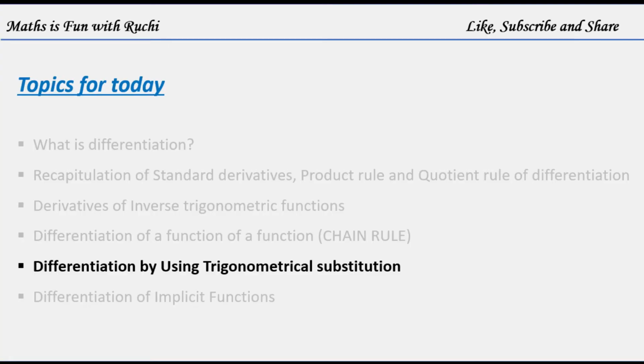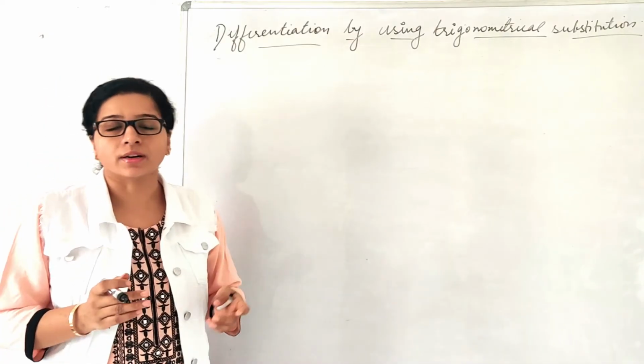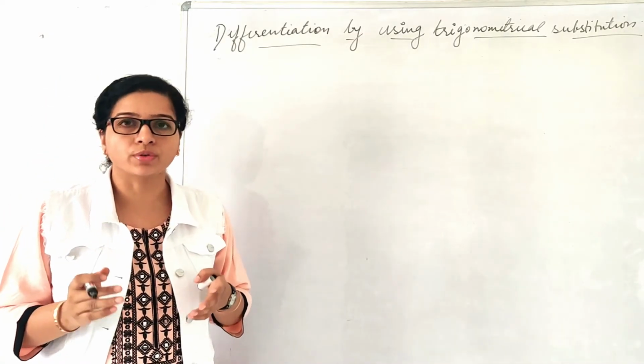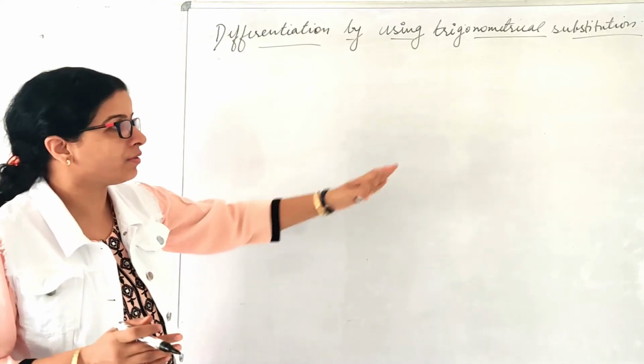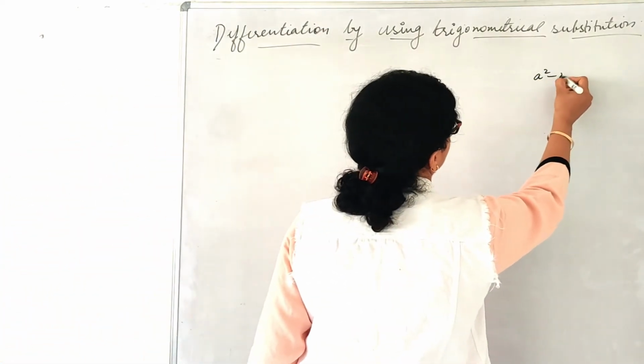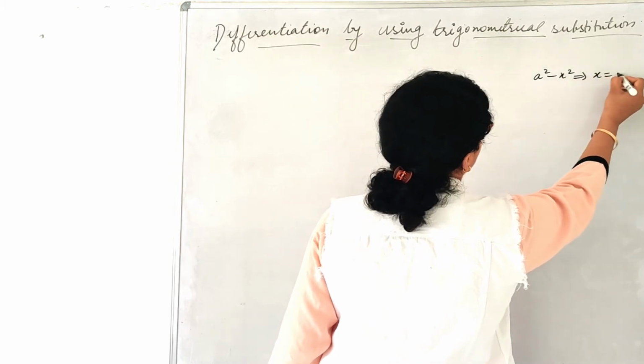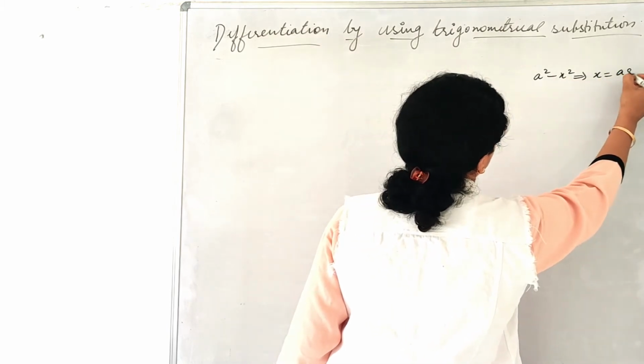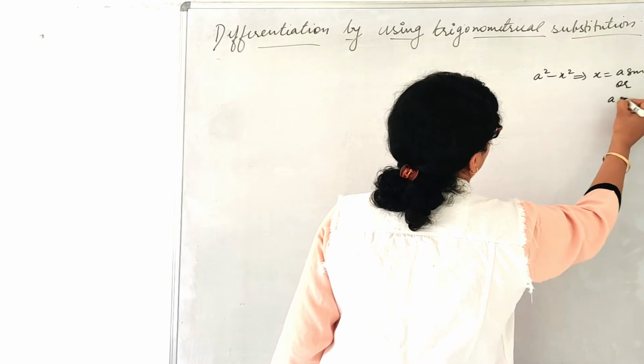Now let us start with differentiation by using trigonometrical substitution. We have already studied in inverse trig how we have to use the substitution. Again, we will just have a quick recap on that. Whenever you have a square minus x square, x should be substituted as a sin theta or a cos theta.